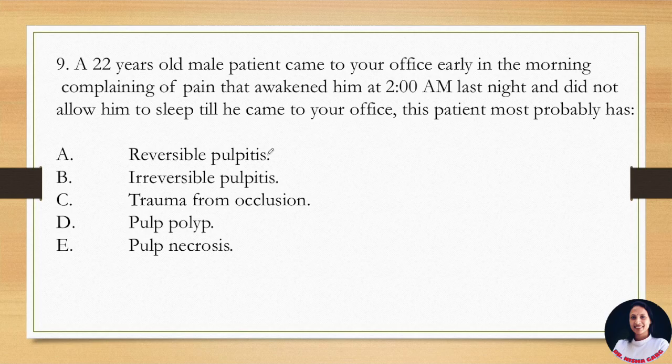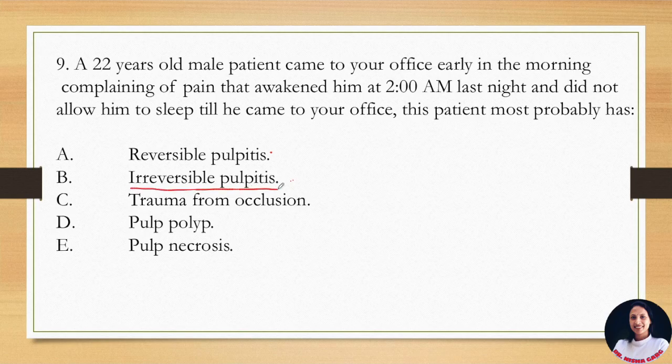See, in case of reversible pulpitis, there is a sharp and momentary pain which subsides after the stimulus is removed, and it occurs only when the stimulus is applied. But pain which is spontaneous in nature, very sharp, and intermittent or continuous, and so severe that it keeps the patient awake at night and gets increased on bending down or lying down, is a characteristic feature of irreversible pulpitis.